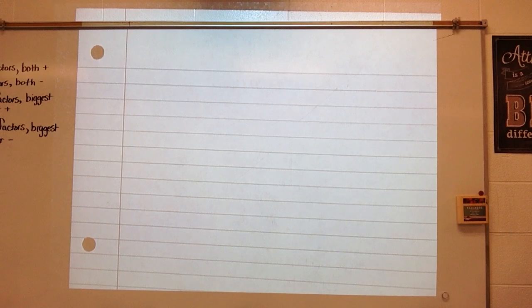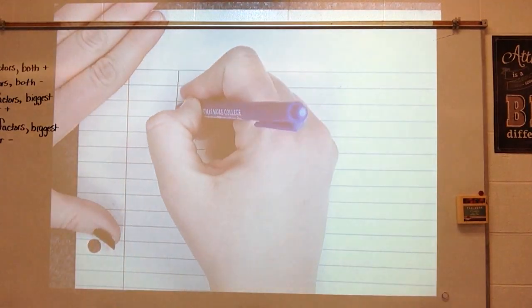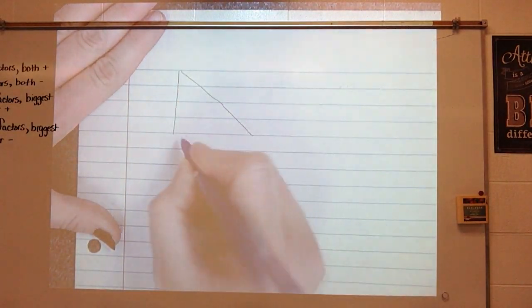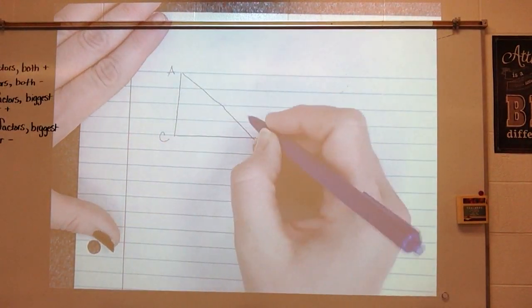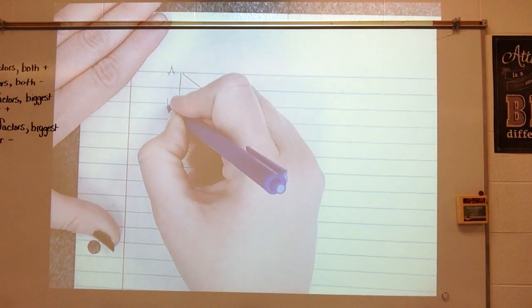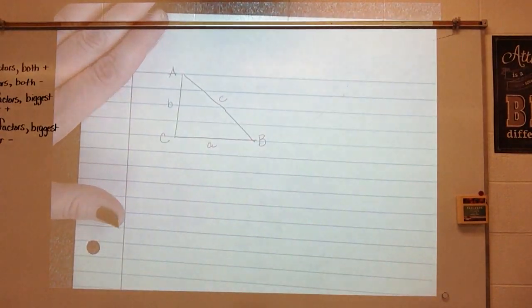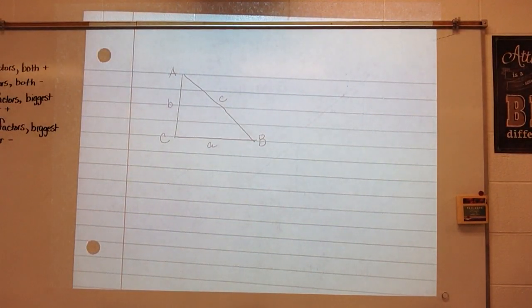Alright, so let's look at my triangle again. I have triangle ACB. This time I don't know if it's a right angle because I'm trying to prove it's a right triangle. We've constructed a right triangle even though we're not marking it.